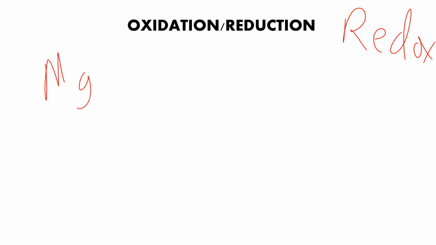A common term that we use to refer to oxidation-reduction reactions is redox reactions. And another couple of important terms that you need to be familiar with is seen here.